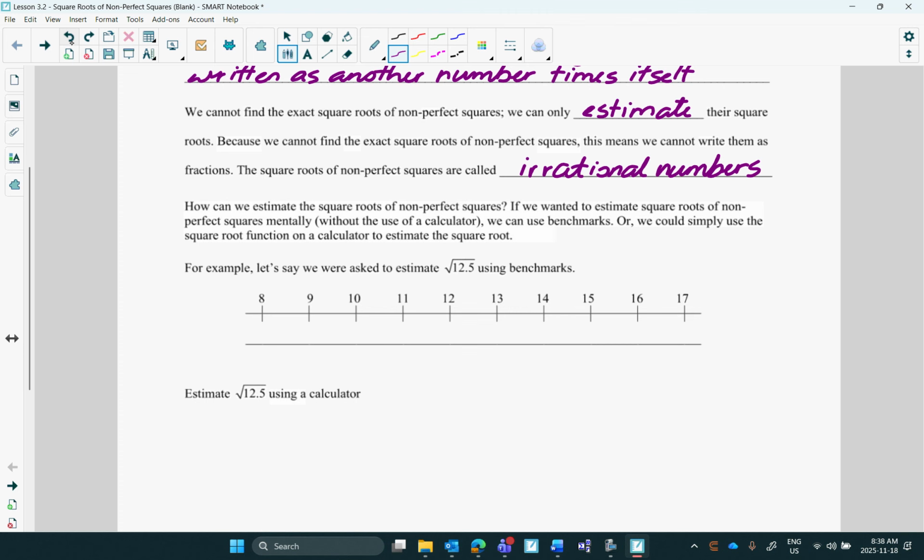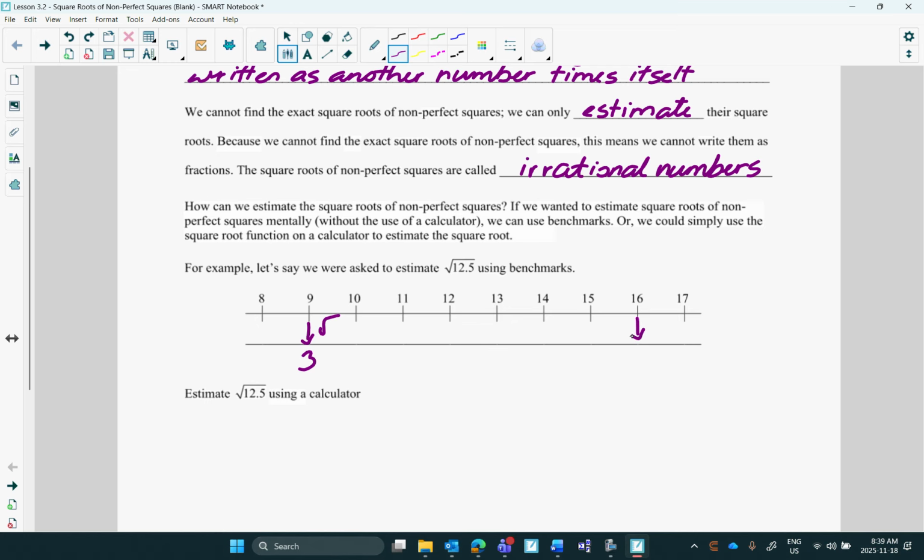Well, here's how we go about it. Draw a number line where we go a few numbers below this and a few numbers above this. Is there a number on here that you can take the square root of exactly? Yep, 9. So if I took the square root of 9, what would I get? Is there another number on here that we can take the square root of exactly? 16.